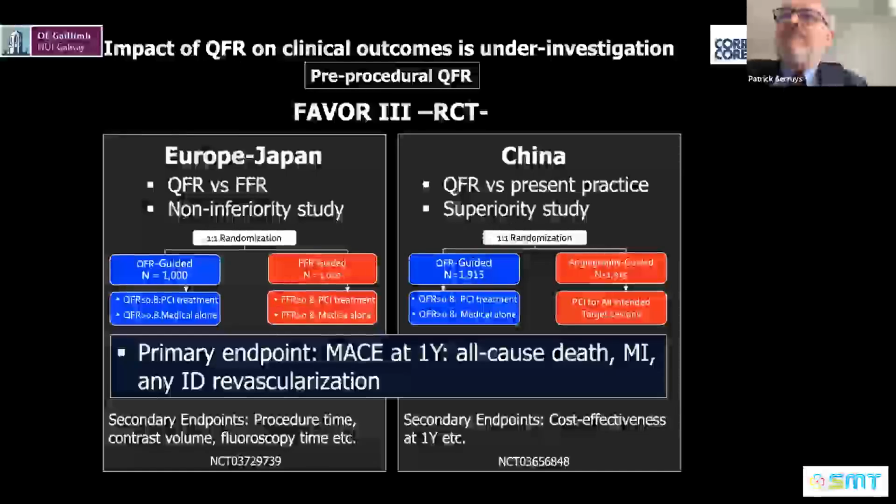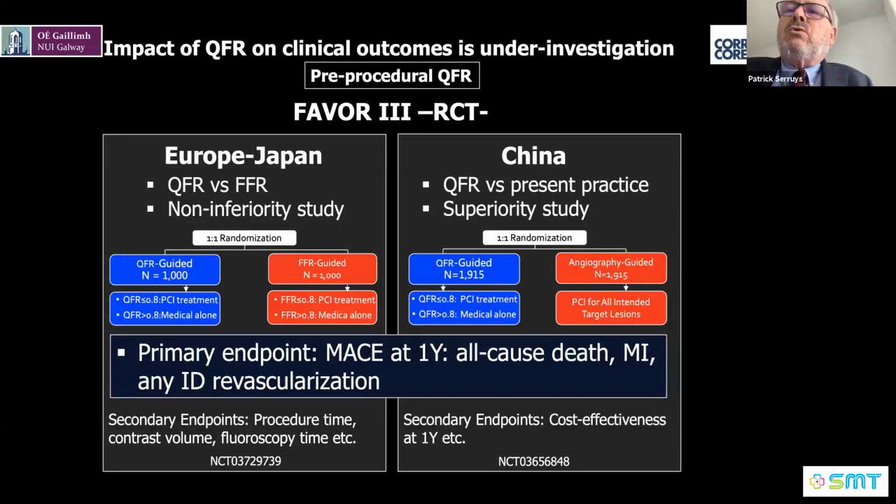That's my last slide for the first part. Impact of QFR on clinical outcome is still under investigation. It's a field which is progressing very quickly. The trial in China is already completed, and the European-Japan trial is making progress.